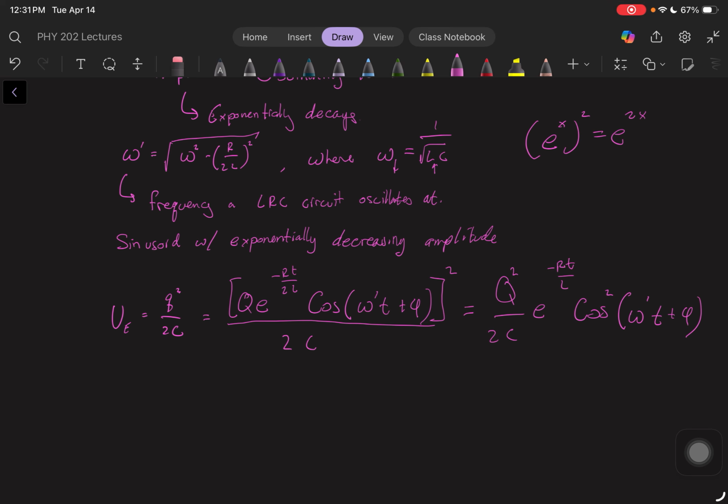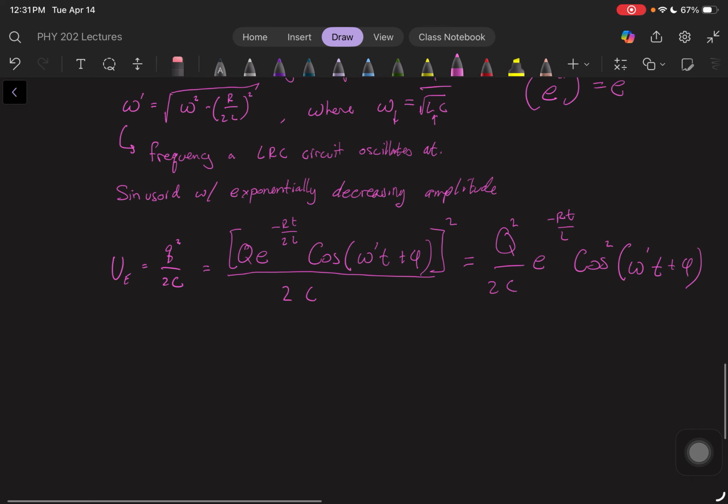Okay, and so that tells us that the electrical energy in the system is going to follow a cosine squared oscillation, which is neat. And so let's say what this actually means in words. And I think this was all 31.27.